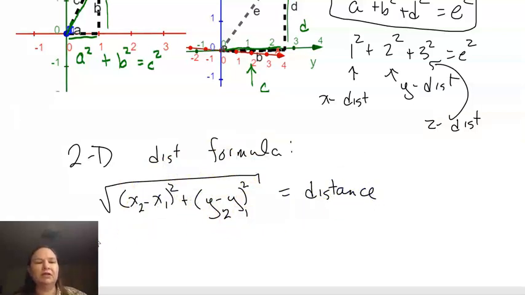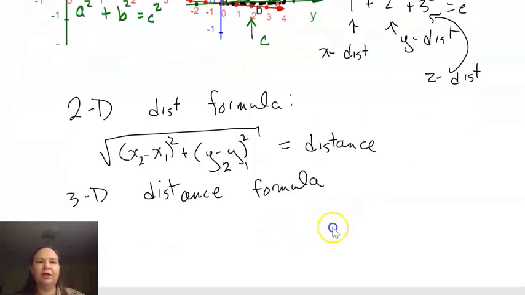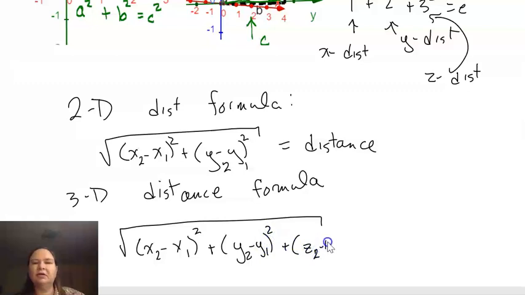And so if you know the 2D distance formula, it should be easy to remember the 3D distance formula, because you just take that 2D formula and you add a z in for the third dimension. So I take the x coordinate difference and square it, the y coordinate difference and square it, and the z coordinate difference and square it.